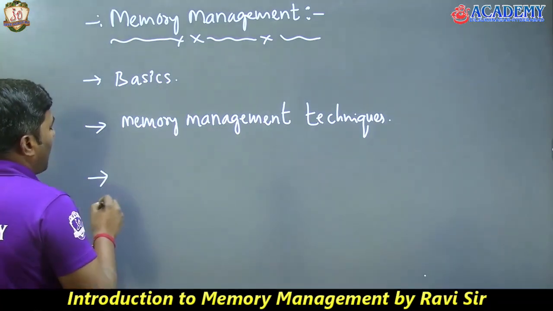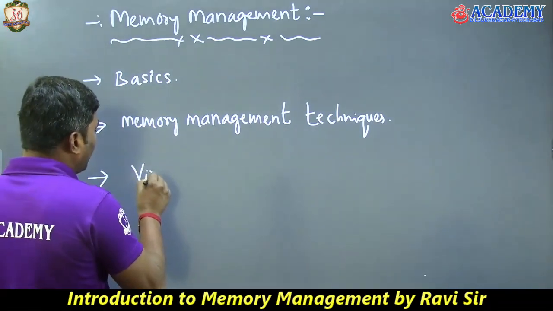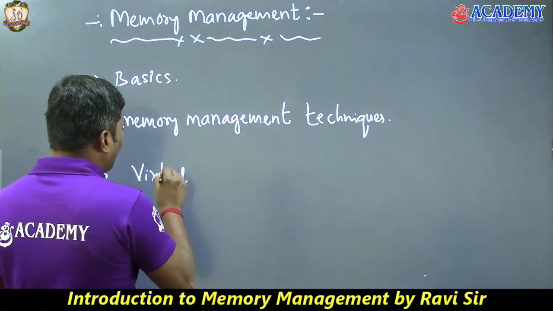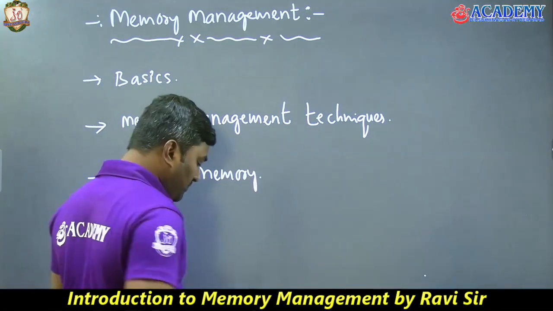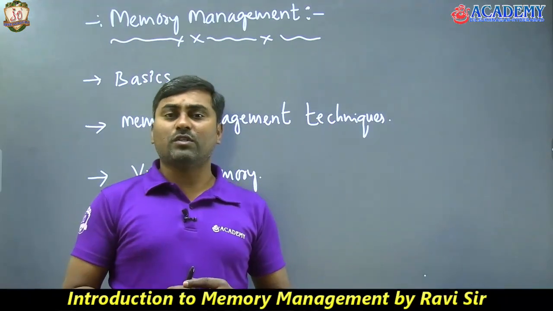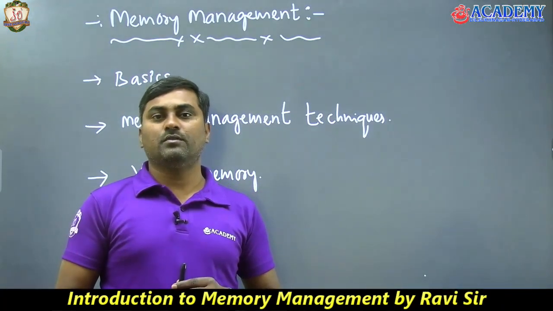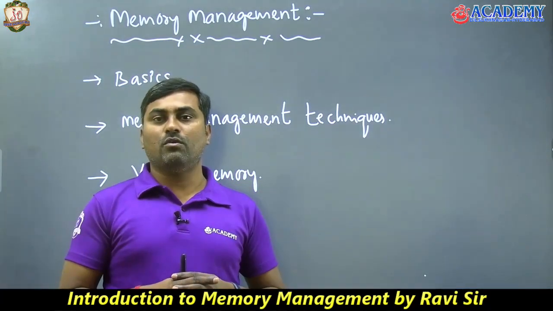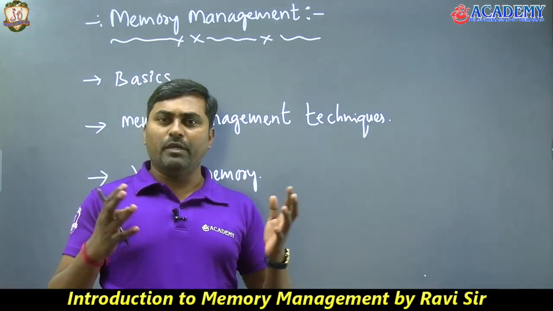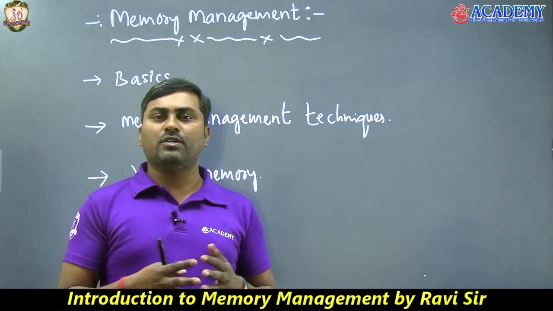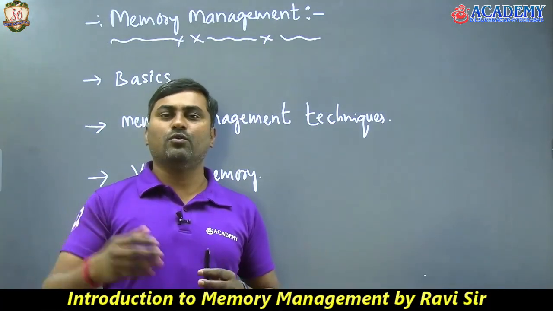Followed by, the virtual memory concept we will observe. Let's see what this virtual memory is talking about. You are familiar with the operating system. Our main memories are generally smaller in size compared to the hard disk.